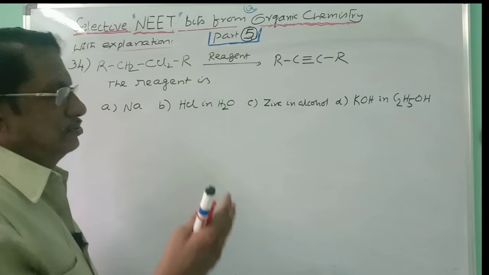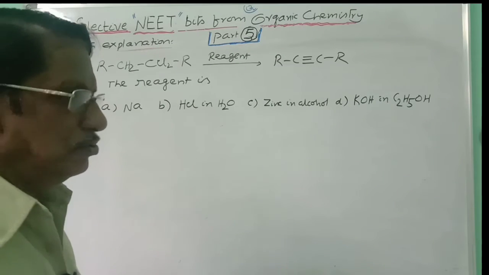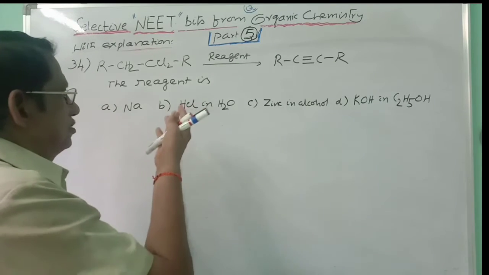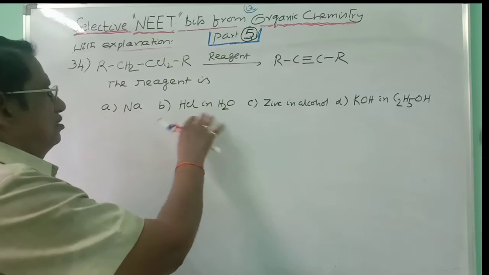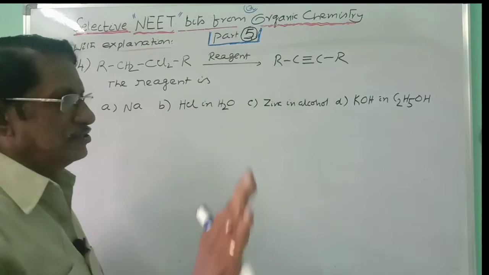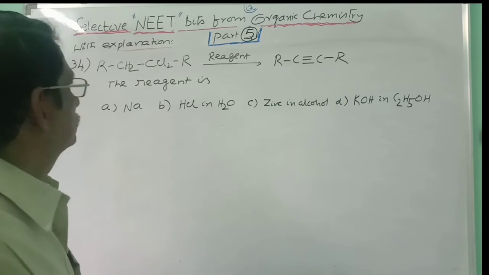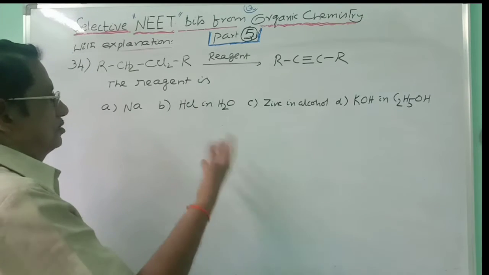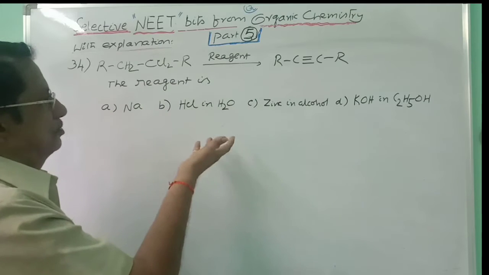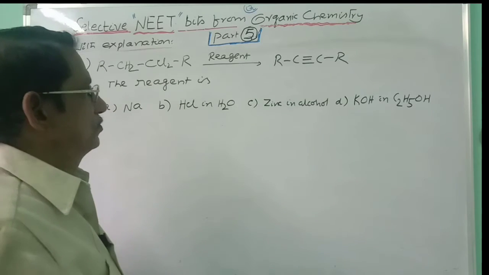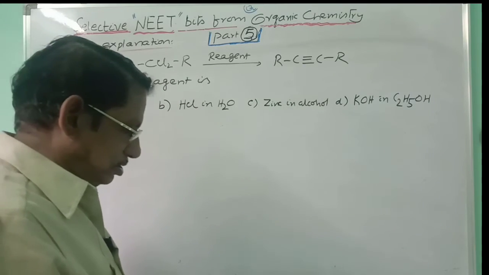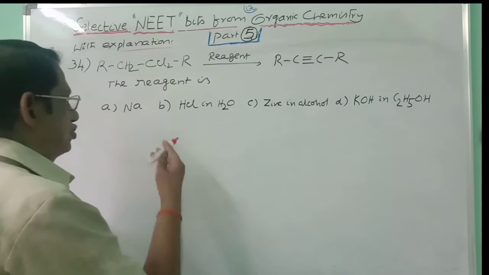Aqueous HCl is used to convert C-Cl into C-OH or for some other purpose; it is also not suitable for dehydrohalogenation. Aqueous HCl produces H plus and Cl minus, and there is no addition reaction here because there is no double bond. The only reagent that is suitable here is alcoholic KOH.